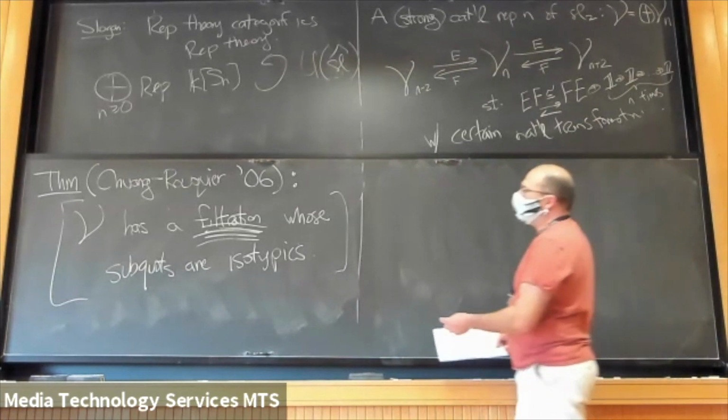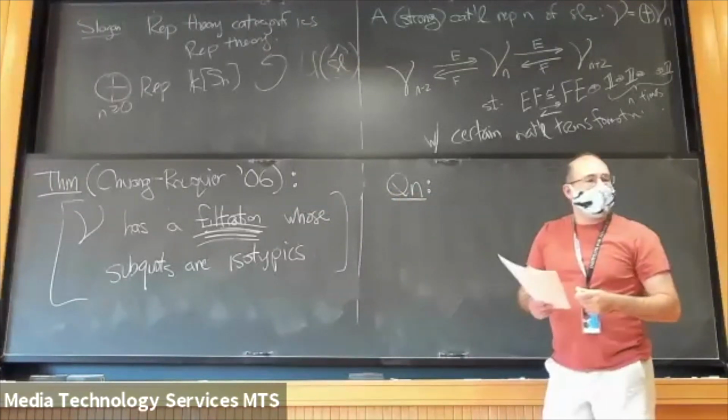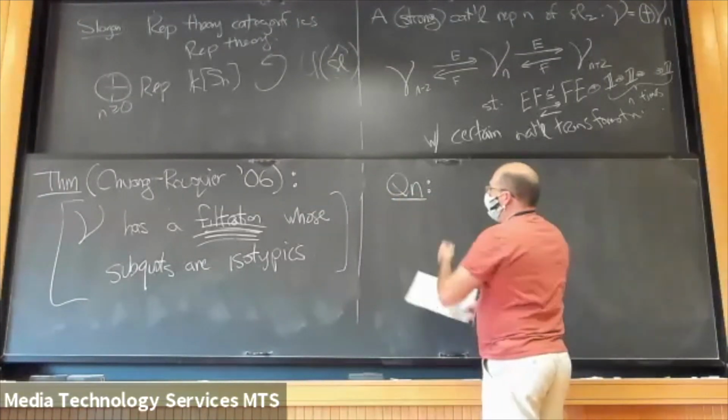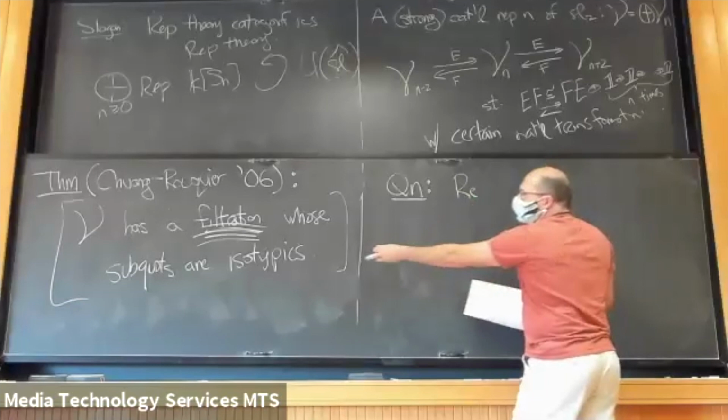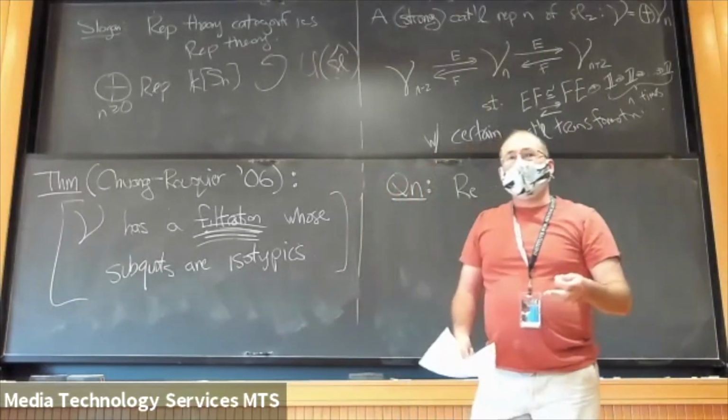So this now motivates my big question, which is still completely unsolved and open. This isotypic decomposition is the eigenspace decomposition for the center.